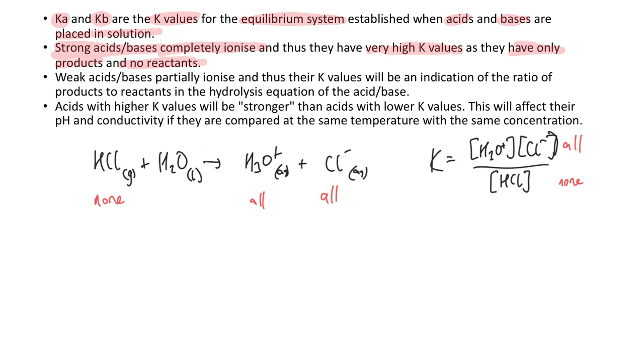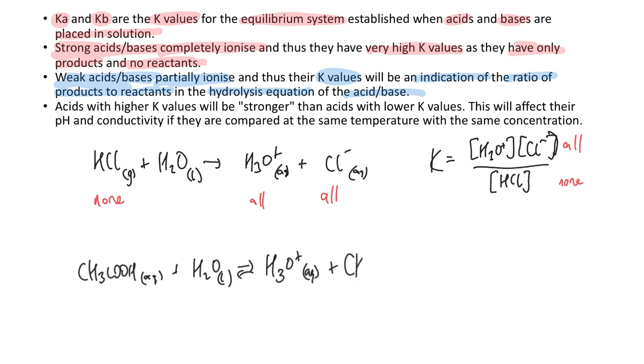So the idea is that these strong acids have a high K value, right? However, weaker acids and bases only partially ionize, and thus their K values are an indication of the ratio of products to reactants of the hydrolysis equation of the acid to base. So let's do a weak acid. CH3COOH aqueous plus H2O liquid forms, and goes back to, H3O+ aqueous and ethanoate ions.